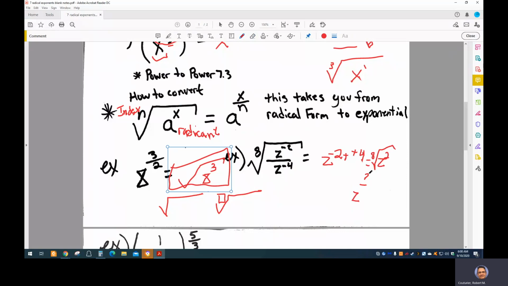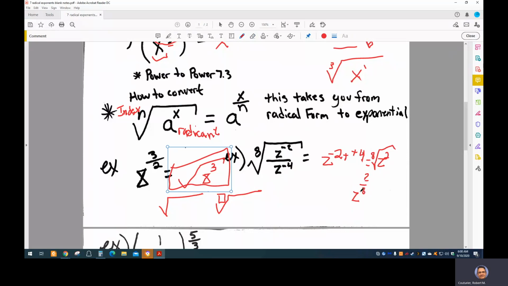Sorry about the alarm. So here we see that, again, the radicand is being raised to a power of 2, so the 2 goes in the numerator. The index of the radical is 8, so the 8 goes in the denominator. So this is z raised to the 2/8 power.